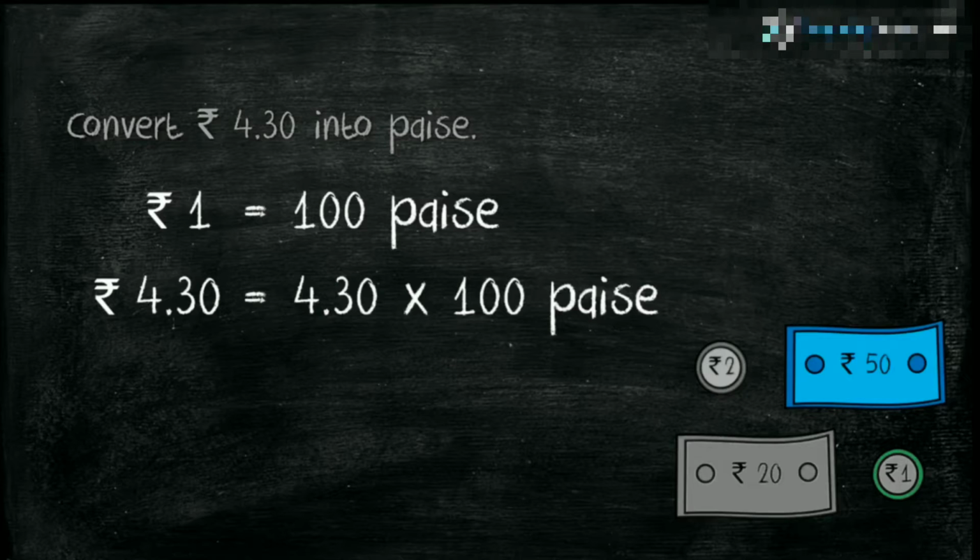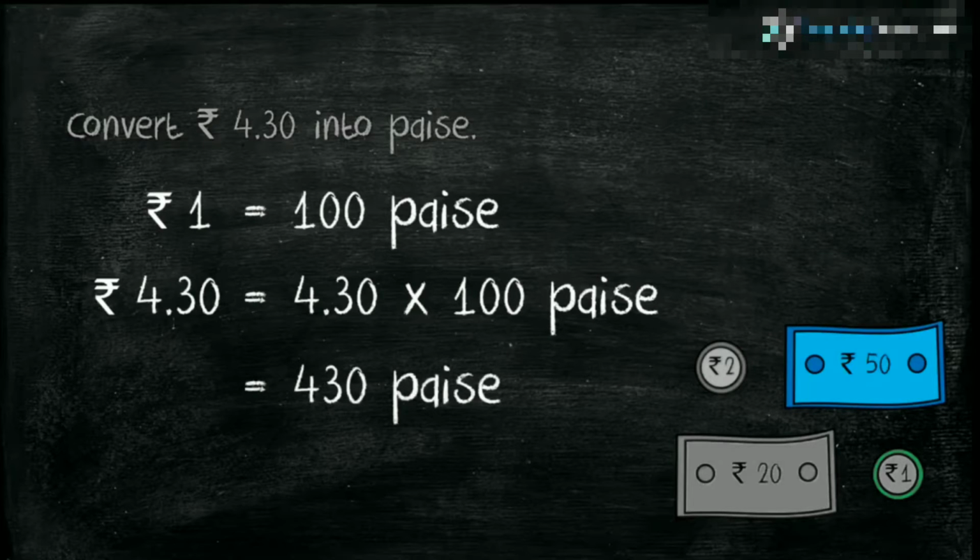Students, we learned in chapter decimals that when a decimal number is multiplied by 100, the decimal point moves 2 digits right. So here, when we multiply 4.30 by 100, we get the answer as 430 paise.